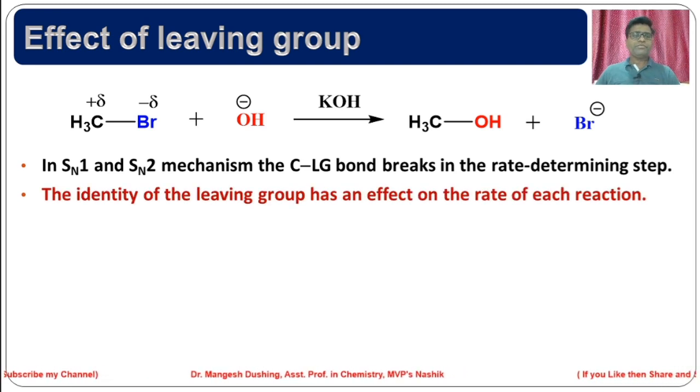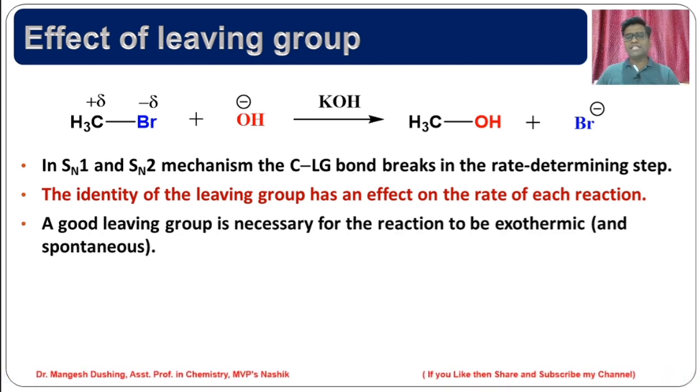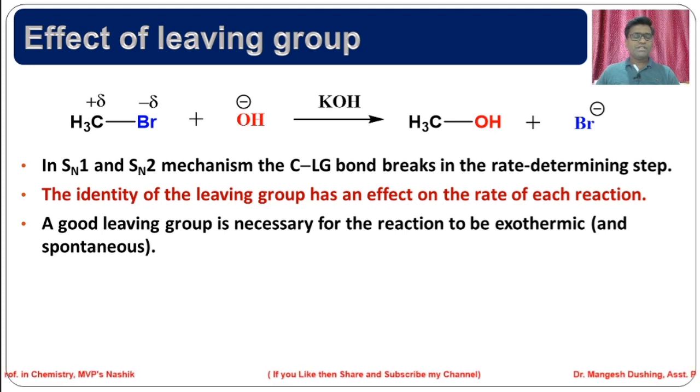The identity of the leaving group has an effect on the rate of each reaction. A good leaving group is necessary for the reaction to be exothermic and spontaneous. So the reaction rate will be higher.